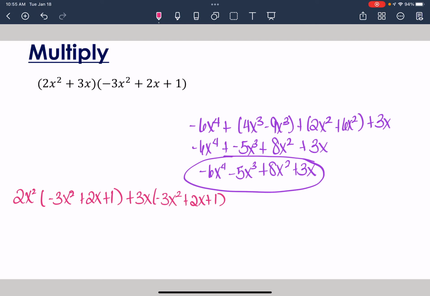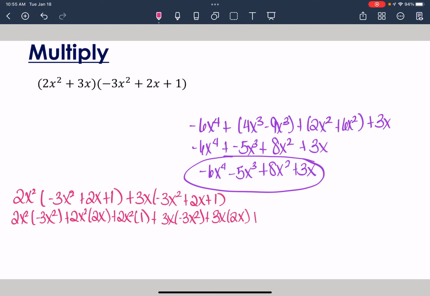So when we multiply this out, this will be 2x squared times negative 3x squared plus 2x squared times 2x plus 2x squared times 1 plus 3x times negative 3x squared plus 3x times 2x plus 3x times 1.